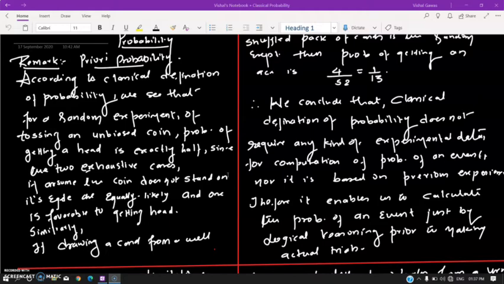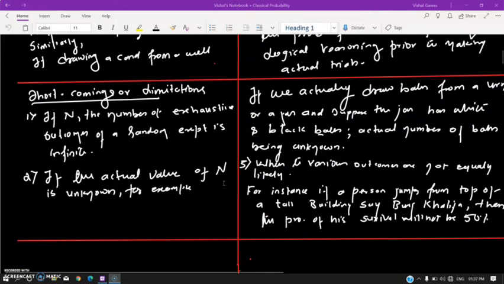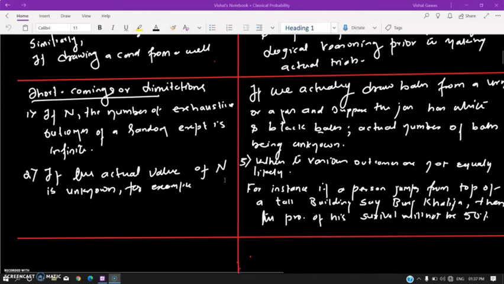Whatever we have seen so far has certain shortcomings. If I look at the formula of the probability definition, we have said that it is the number of outcomes favorable to an event upon the total number of outcomes. What do you mean by outcomes favorable to an event? They are in favor of that event.